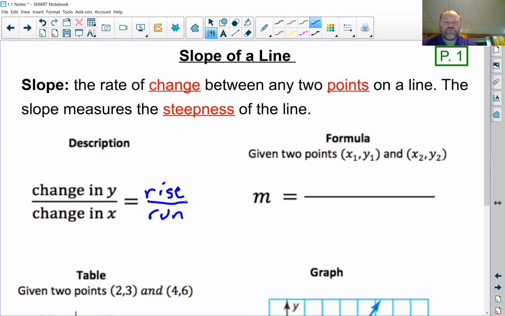If we're given 2 points and we just use a general x1, y1, and x2, y2, we can calculate the slope with the formula y2 minus y1 over x2 minus x1.